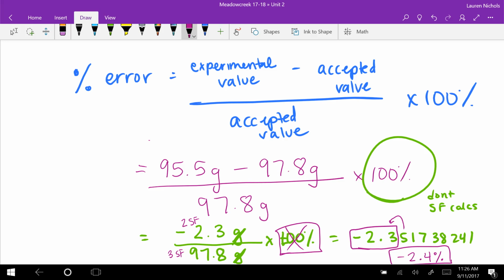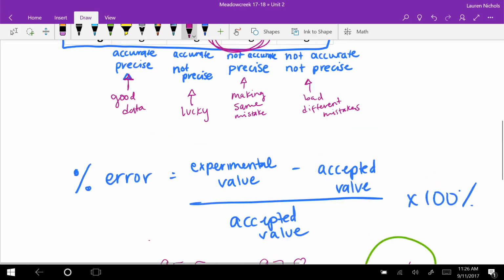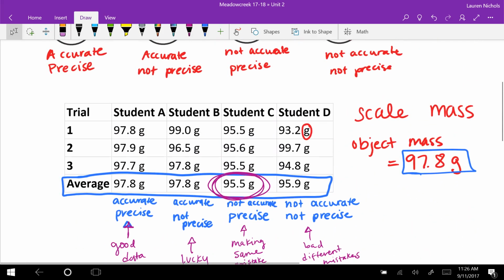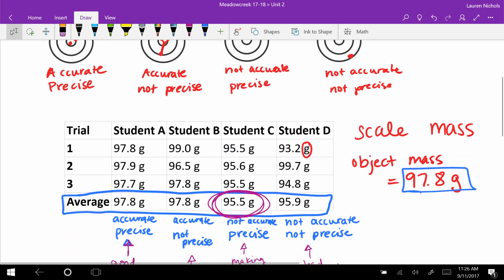So all of this to say, for your test, you need to know your percent error formula. You need to know the difference between accuracy and precision, and you need to be able to tell the difference. And remember, it is all about the average value for accuracy. So if on your test I do not give you the average, which I'm not guaranteeing that I will, you need to be able to do the average yourself.